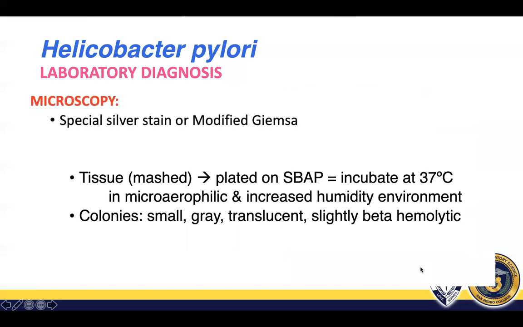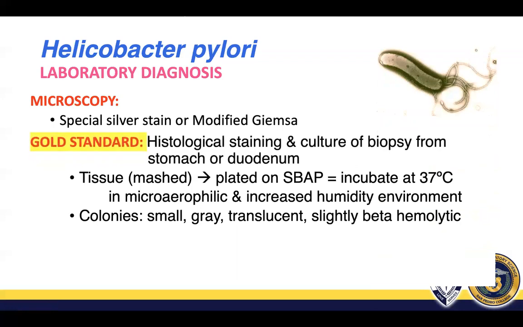For laboratory identification of H. pylori, we can perform special silver stain or modified Giemsa. The gold standard is still histological staining, and of course culture of biopsied tissue from the stomach or the duodenum. So what do we do with the tissue?